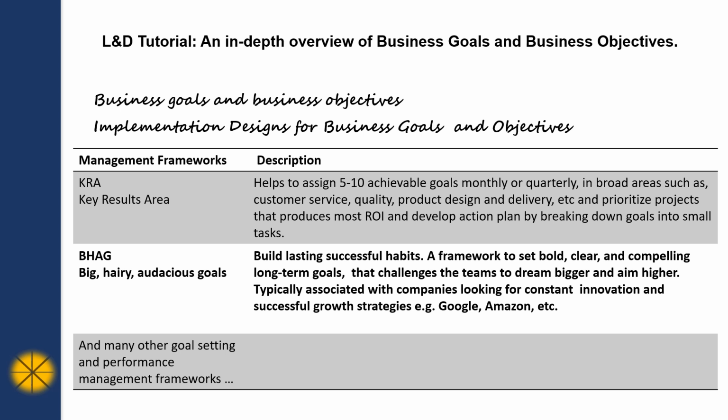BHAG is another performance management framework that helps to set bold, clear, and compelling long-term goals that challenges the teams to dream bigger and aim higher. Typically associated with companies looking for constant innovation and successful growth strategies such as Google, Amazon, etc. And it helps to build lasting successful habits.